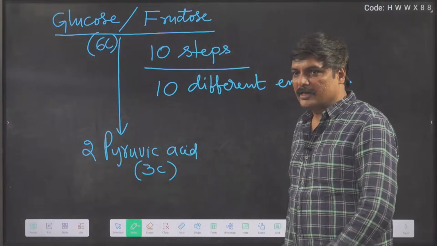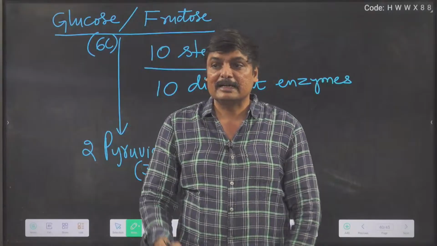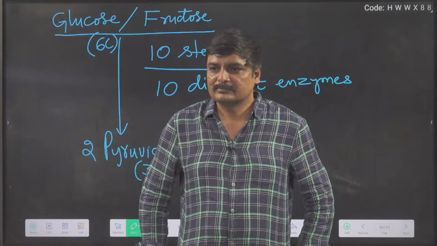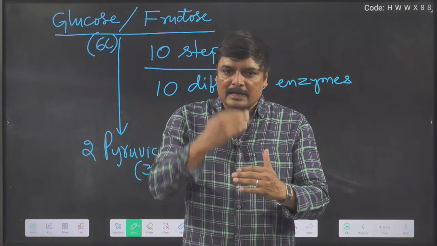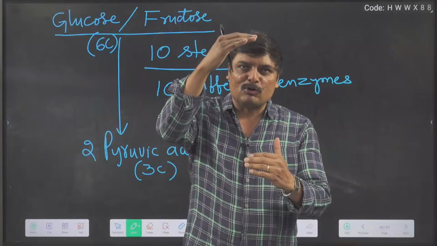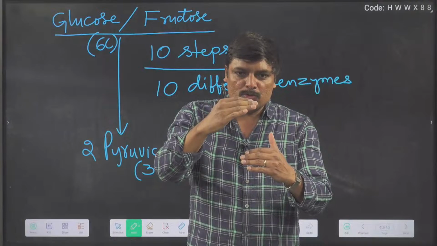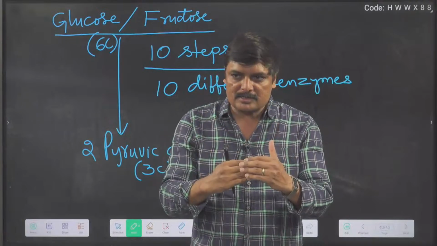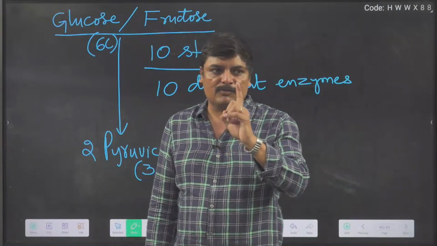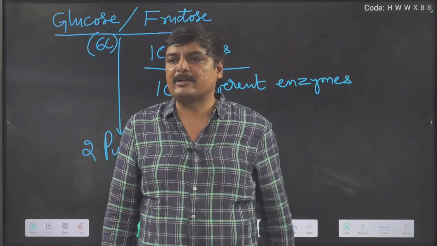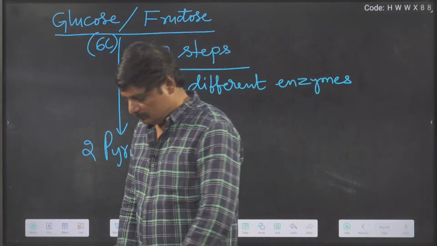There are 10 steps in the glycolysis process and there are 10 enzymes. Ultimately, through these 10 enzymes, in a stepwise manner, glucose, the starting substrate, breaks down into the key product called pyruvic acid. The end product of glycolysis is two molecules of pyruvic acid. Substrate is glucose. Okay, clear?